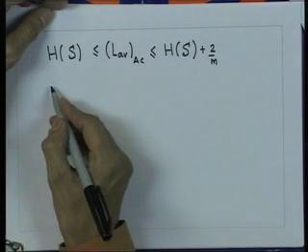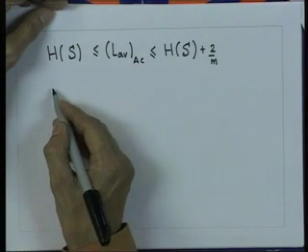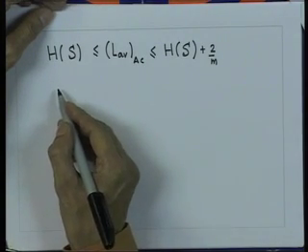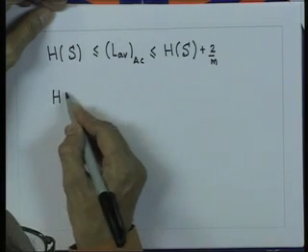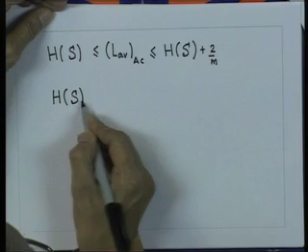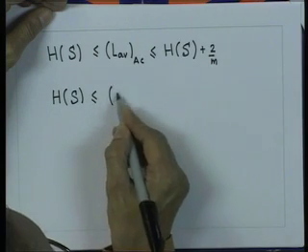However, for the Huffman code, if we block m symbols together, then the average length of the code is given by this inequality, which we had proved earlier.